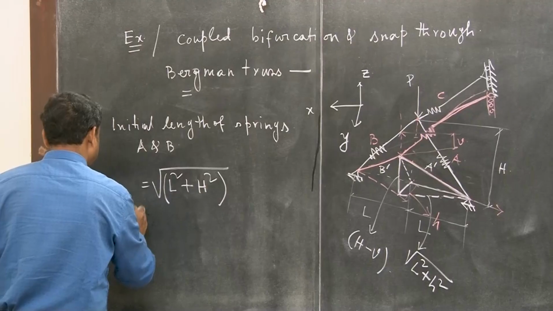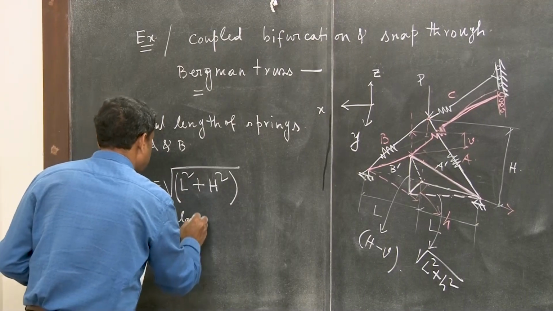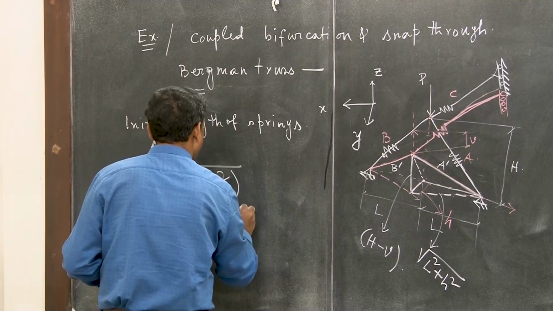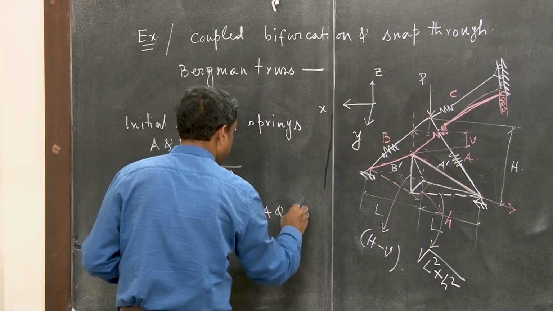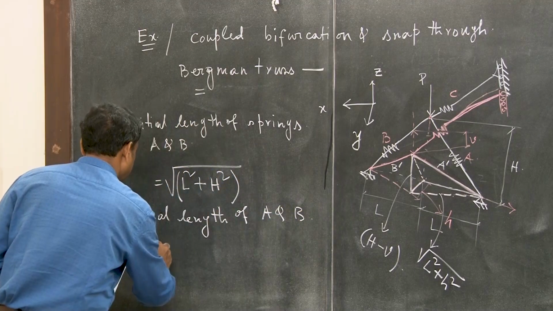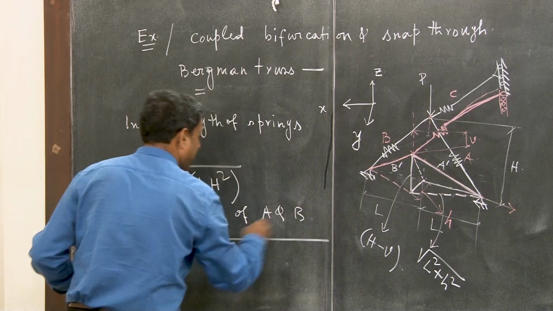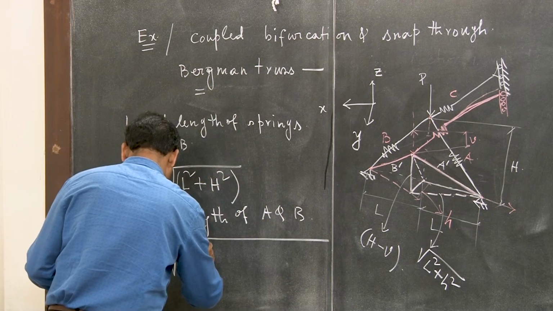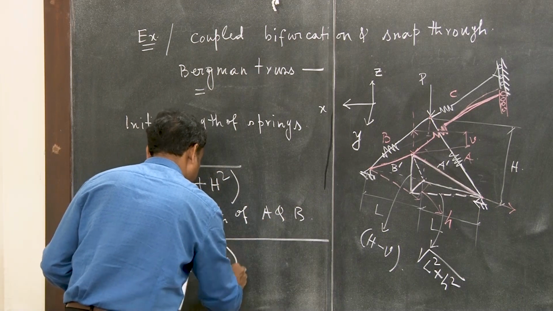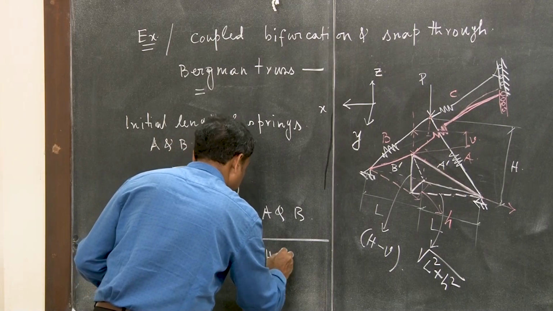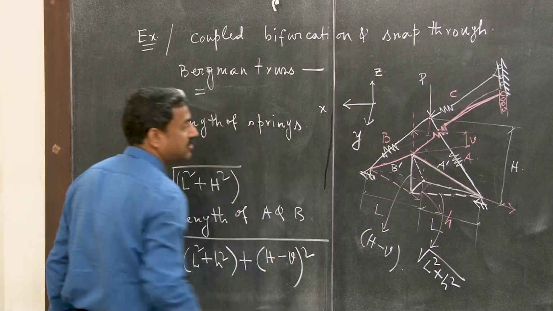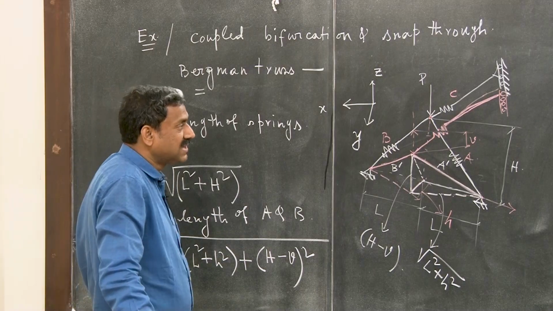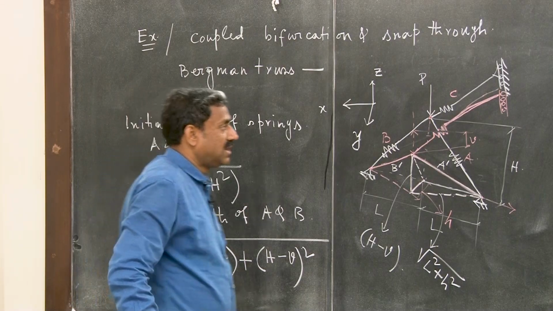And the final length of A and B spring is nothing but root what? It will be root L square plus h square plus capital H minus small v square. Small v is the vertical deflection and small h is the horizontal deflection, right?